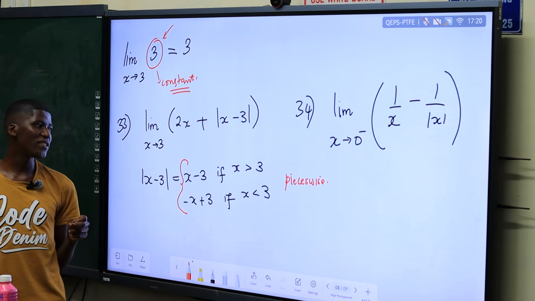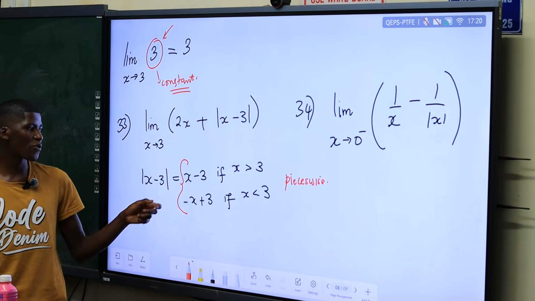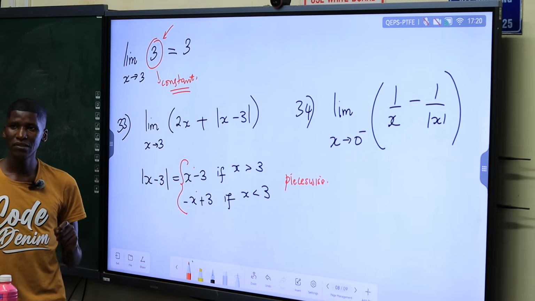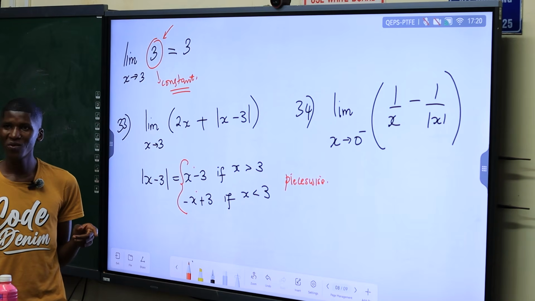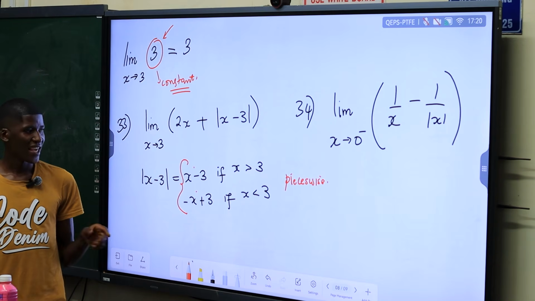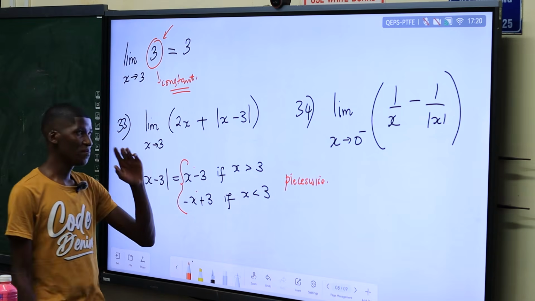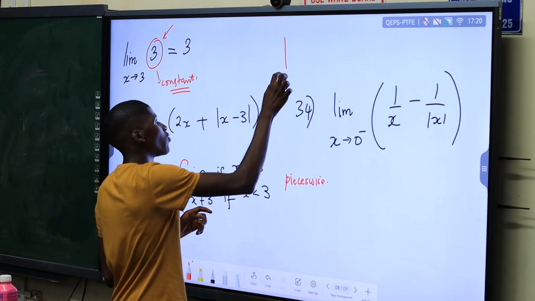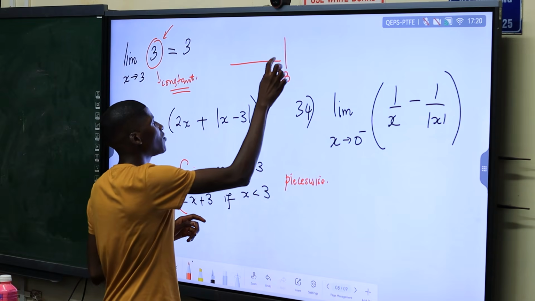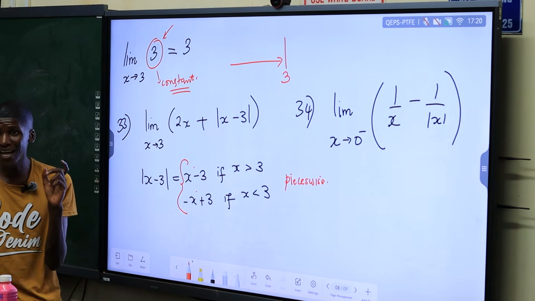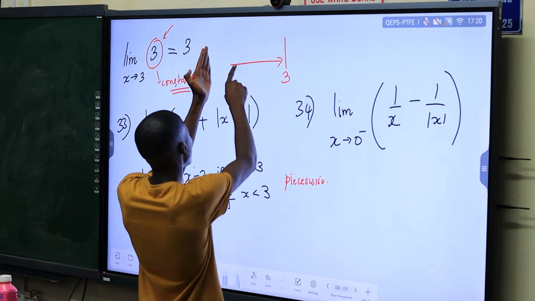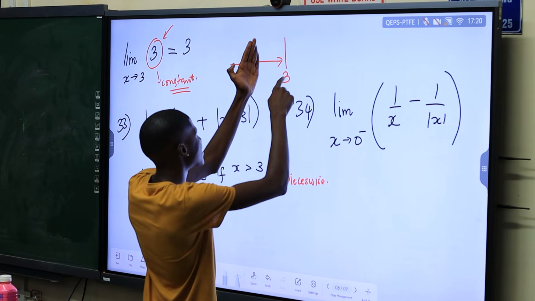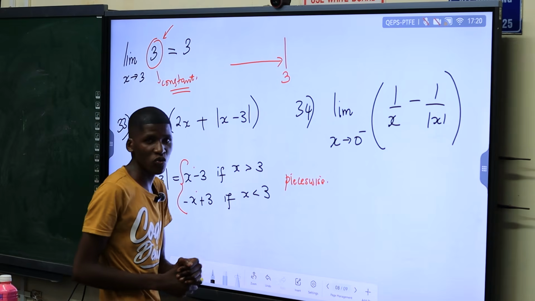When we approach from the left, are we going to use this one or this one? Approaching from the left, 1 or 2? Why 2? X is less than 3 again. We are approaching 3 from values that are smaller than 3, like 2, 1 and so on, getting closer to 3.